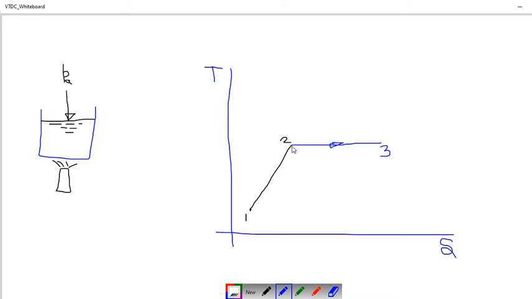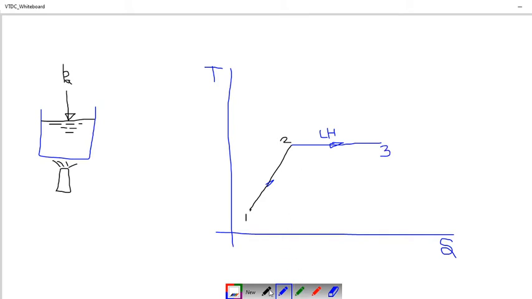This change of phase of water from liquid to vapor is called the latent heat process, and it occurs at constant temperature and constant pressure. The pressure remains constant up to point number 3.